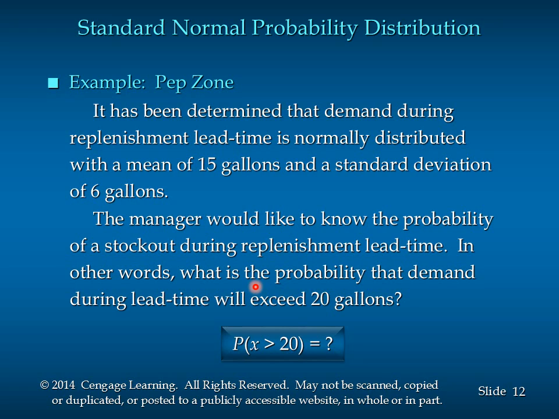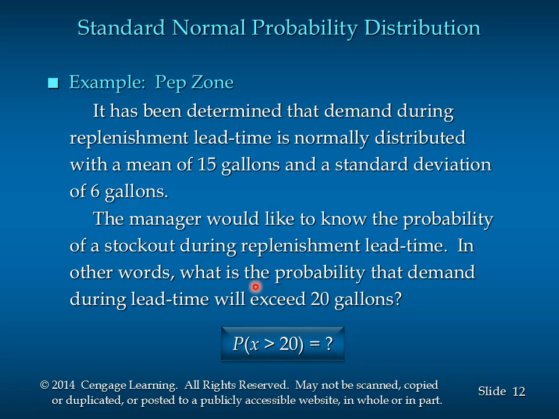And so now you say, okay, well, what am I really trying to do? I'm just trying to find greater than 20. Okay? So I come in here, I draw out my bell curve. And I know that my mu is 15. I know my standard deviation is equal to 6.